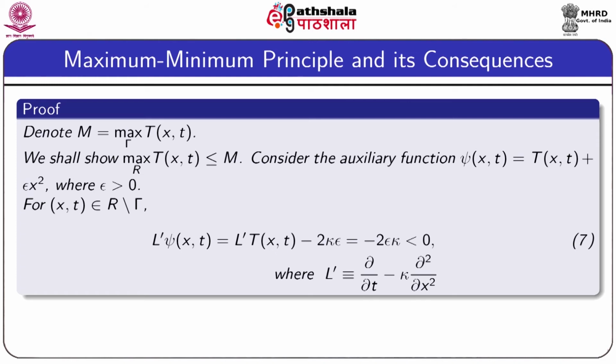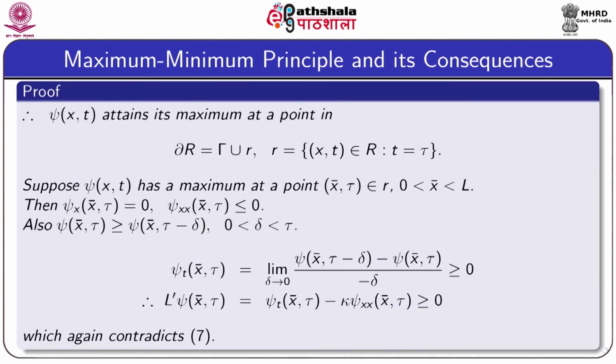Equation 7 says that L'ψ is less than 0 for any interior point in the region R. So, again we get that L'ψ is greater than or equal to 0 for a point in the region r, which contradicts the result written in equation 7, which says that L'ψ is less than 0.